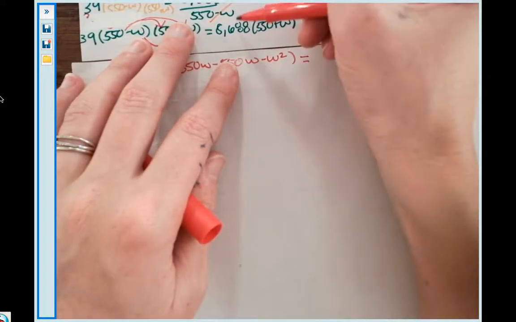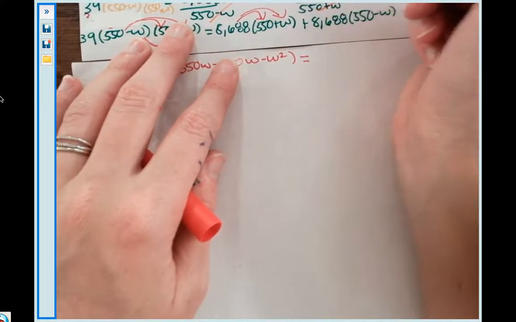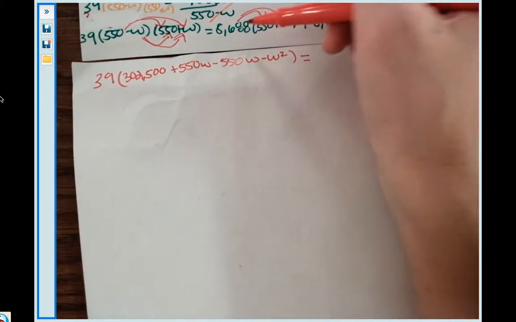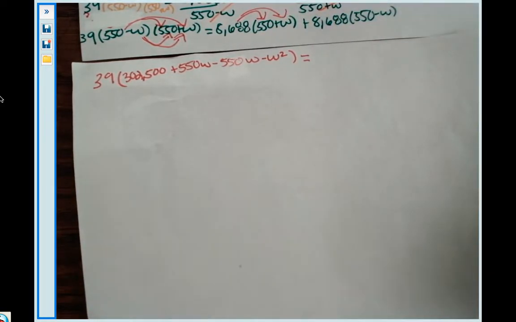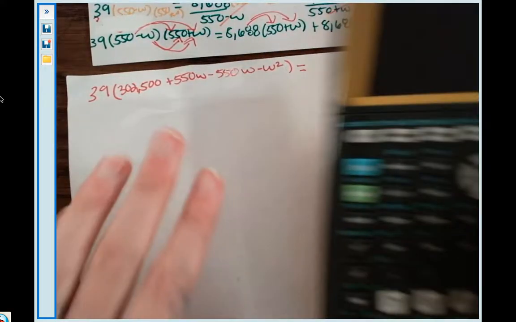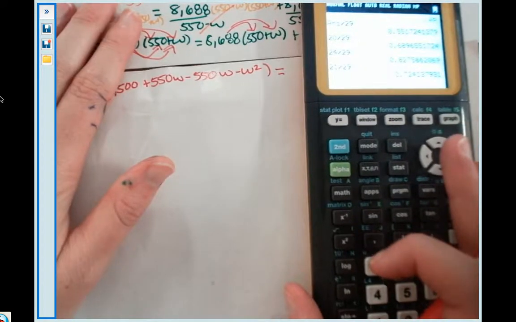On this side, I'm going to distribute my 8,688 to both of these items. So 8,688 times 550, I'll just multiply it out on here so we don't waste time.